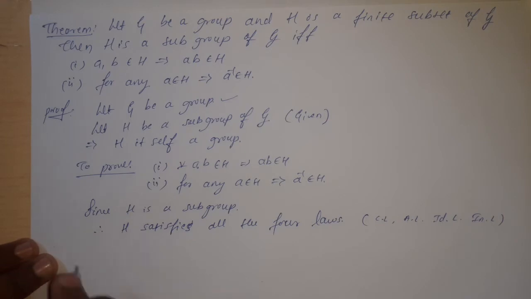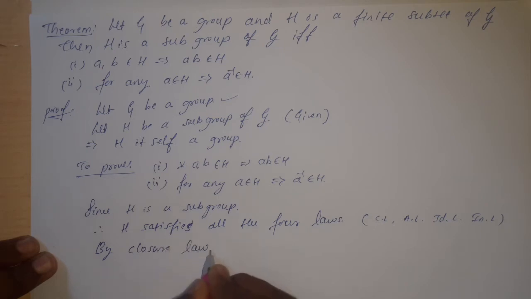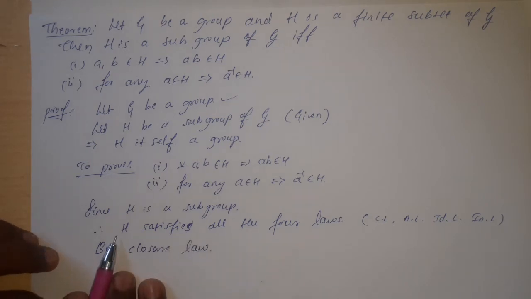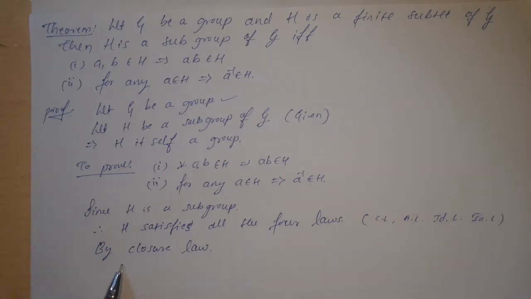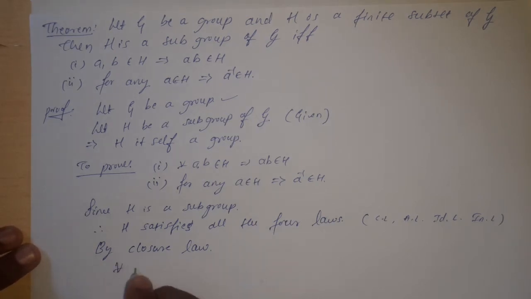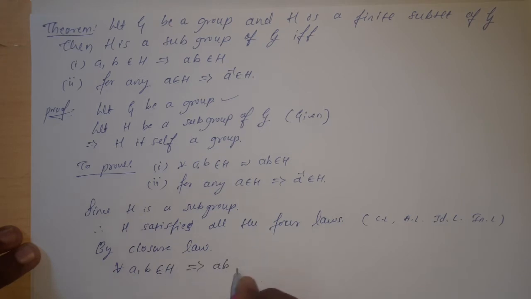Now by closure law. H already satisfies all the 4 laws, and among them I am using closure law. What is the statement of the closure law? For all A, B belongs to H, it implies that AB belongs to H, right?